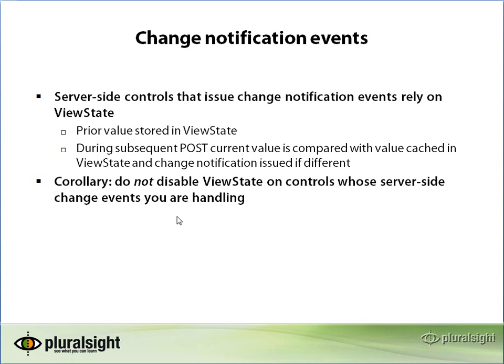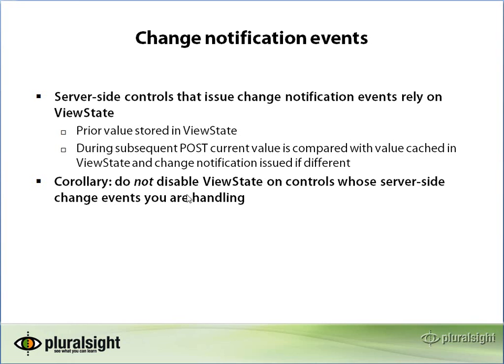And change notification events are in things like the text box control and the drop-down list. What you get is you receive a notification whenever the contents of that control has changed between postbacks to the same page.